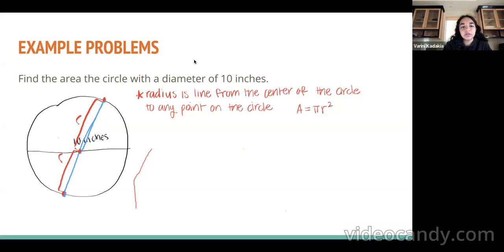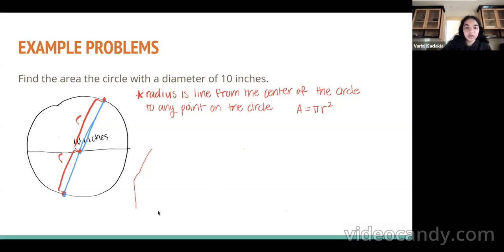Does that make sense that a diameter is made up of two radii? Okay, I'm going to take that as a yes. If someone doesn't understand, please let me know.